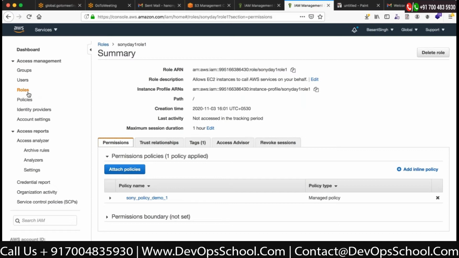Guys, if you're going to work on security, you have to carefully and precisely look into these terms, because these are going to be used in your day-to-day life. Very often you are going to use them from the point of security, because there might be situations where you have to go cross account and assume the role on your child accounts and perform actions.